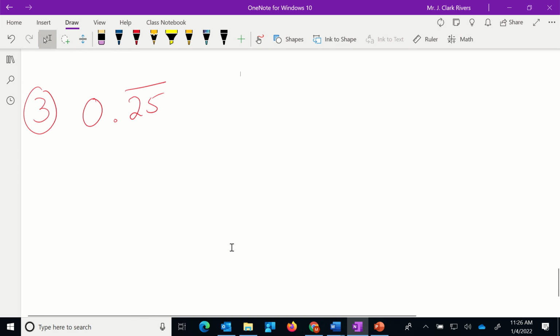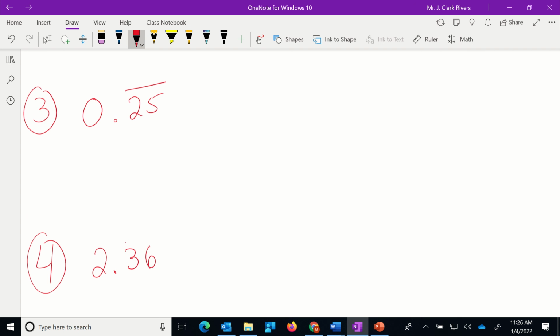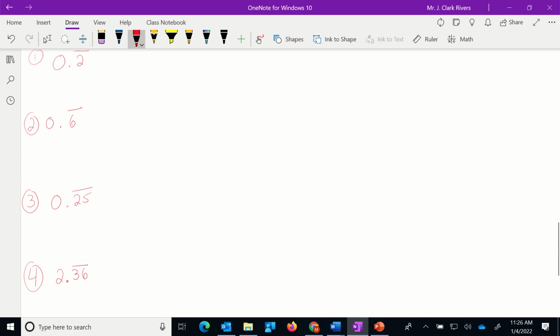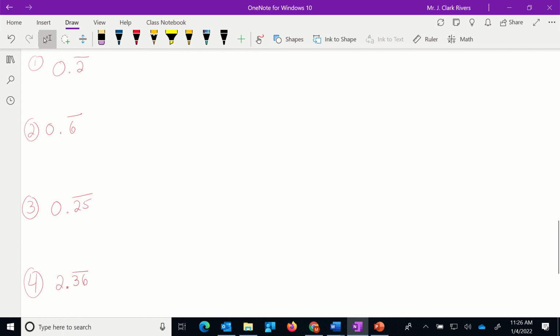And then number 4 is going to be 2.36 repeating, where the 3 and the 6 repeat. So try those 4 problems out.